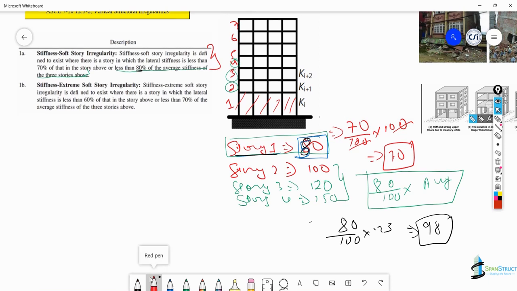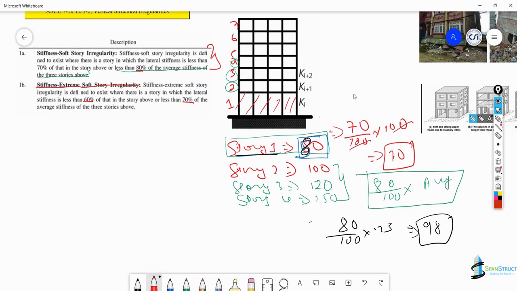Now let us look at the second type, that is the stiffness extreme soft story irregularity. The only difference is that instead of checking 70% of the above story, we have to look at 60%, and instead of looking at 80% of the average stiffness of the 3 stories, we have to look at 70%.